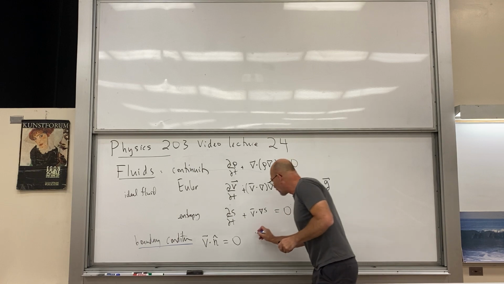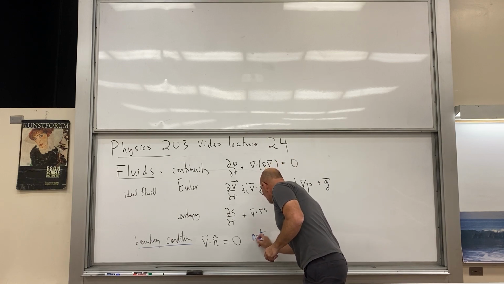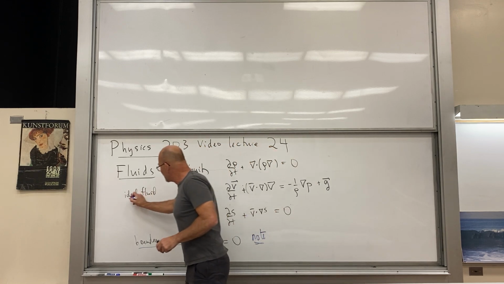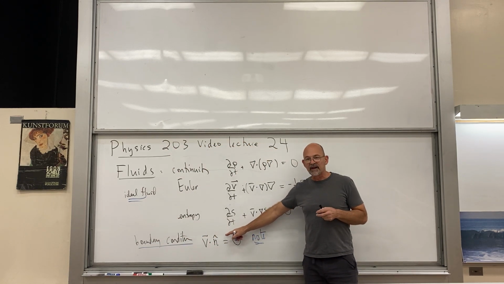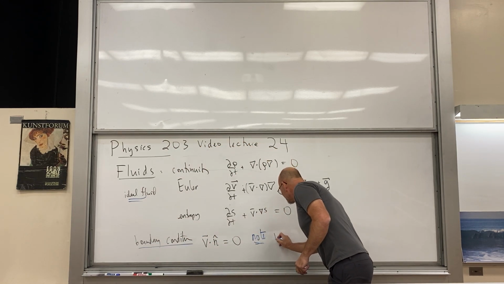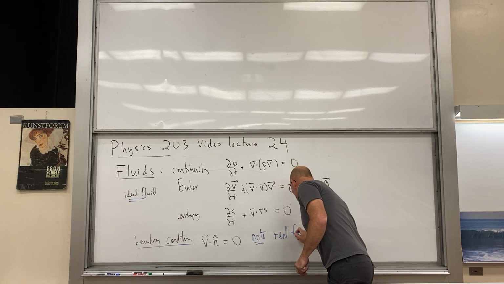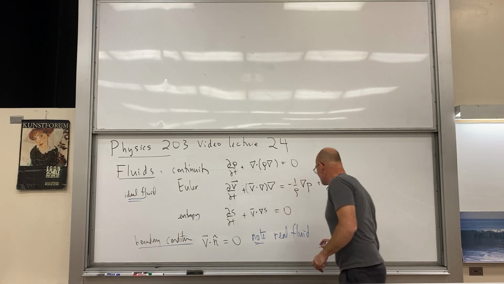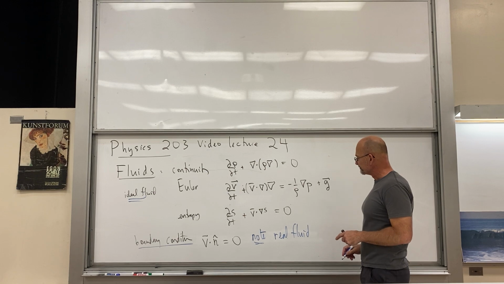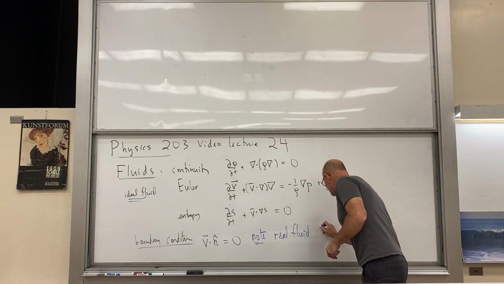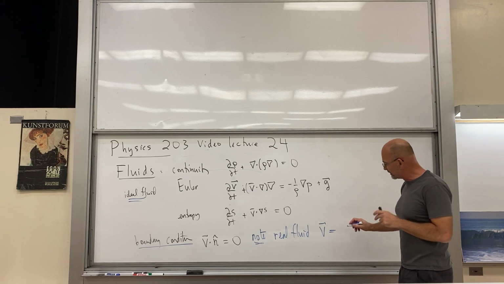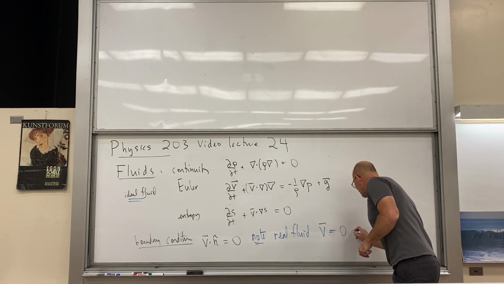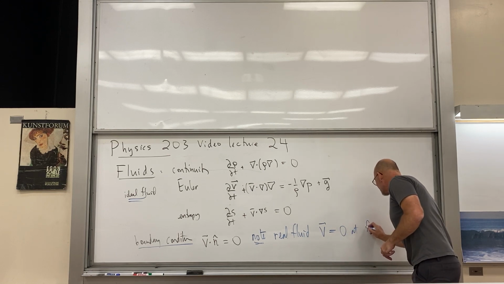But the very important note, this is for the ideal fluid. Okay? A real fluid actually has a stricter boundary condition. A real fluid has a condition that the velocity, all components, equals 0 at a fixed boundary.